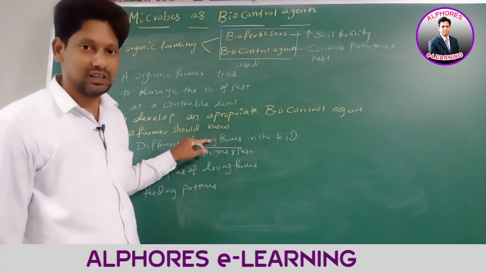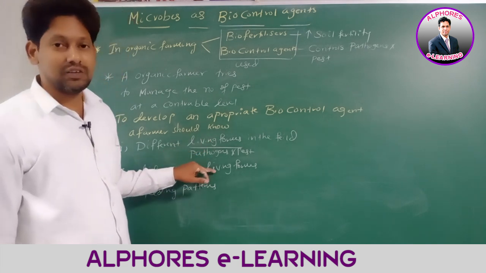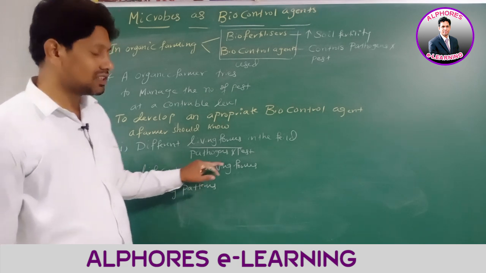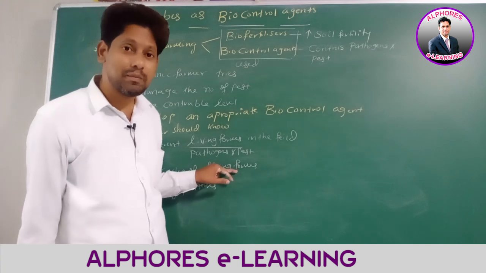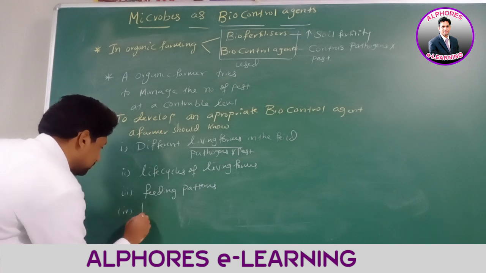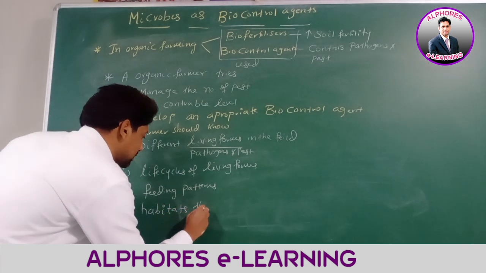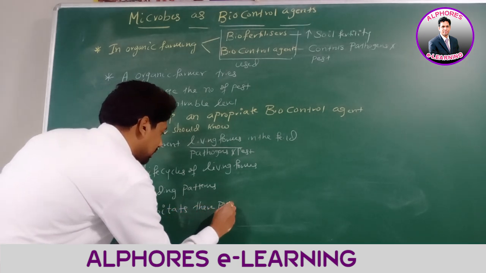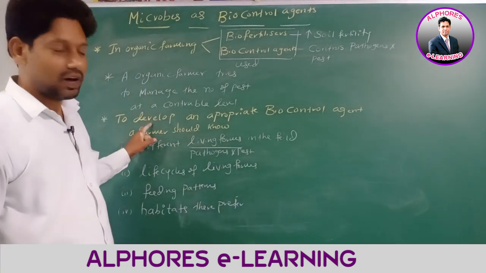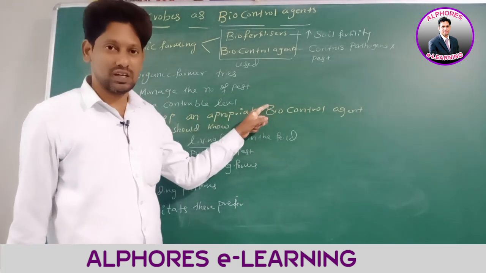Number two, the life cycles of those living forms, their feeding patterns, and the habitats they prefer. All this should be known by an organic farmer before developing an appropriate biocontrol agent.